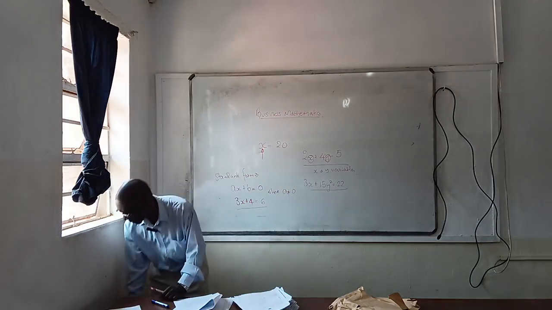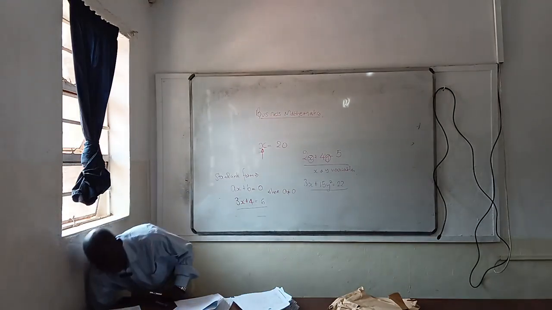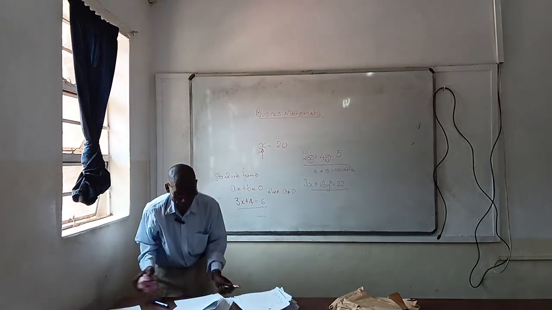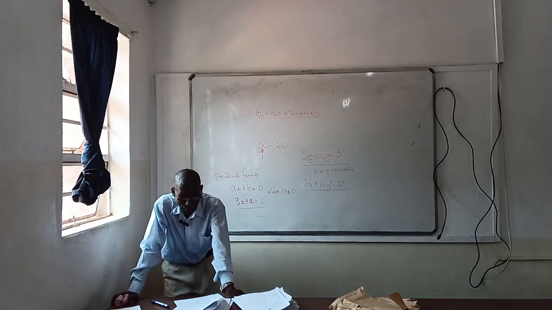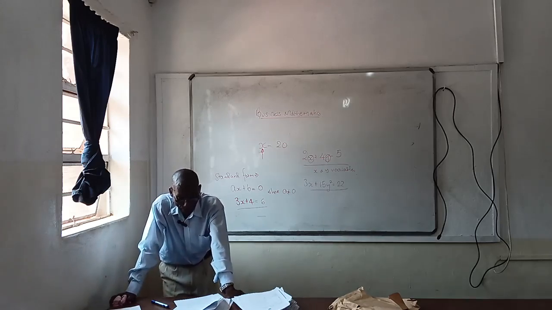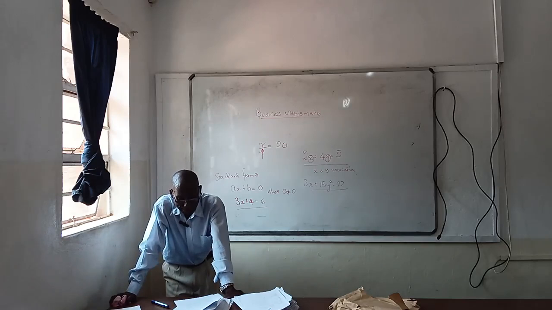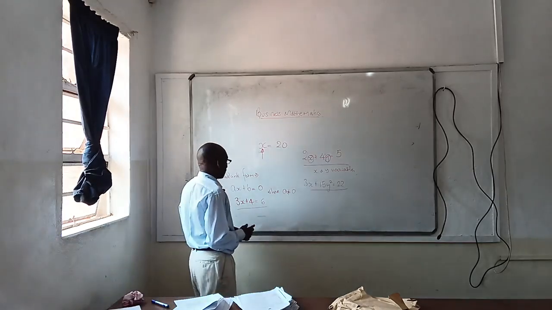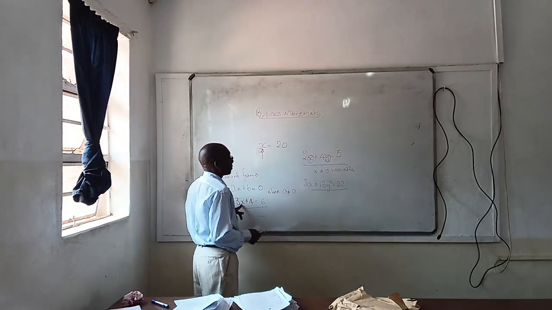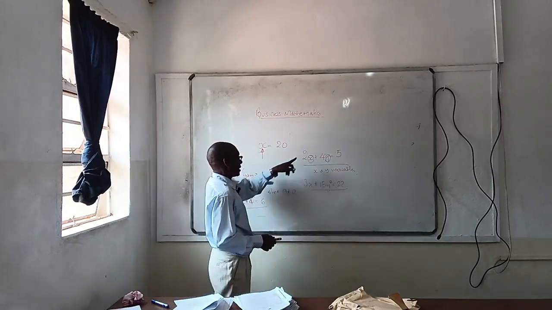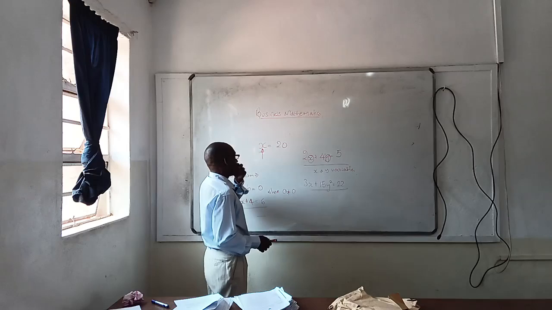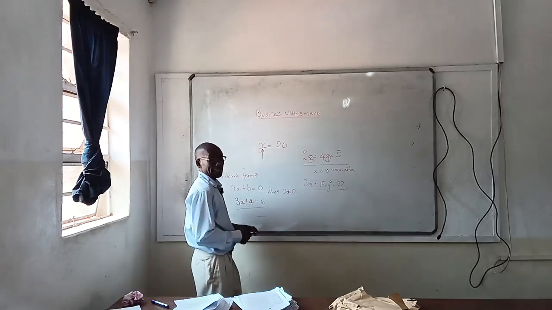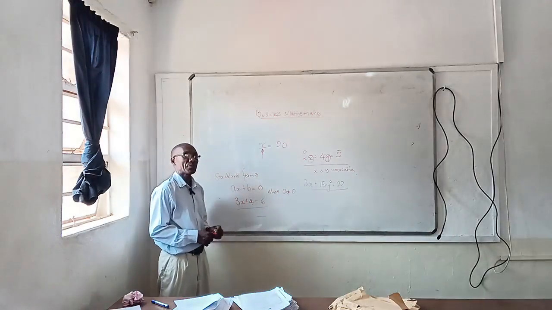Alright, let's look at what is written here. The standard form of a linear equation with two variables is ax plus by. This one has not one variable, but two variables. Variables are unknown letters. x and y are variables.